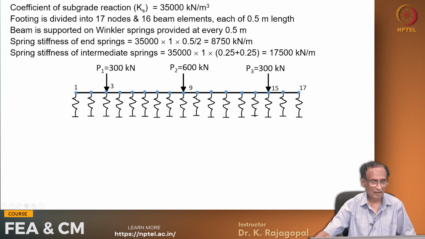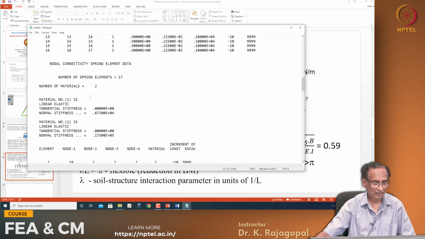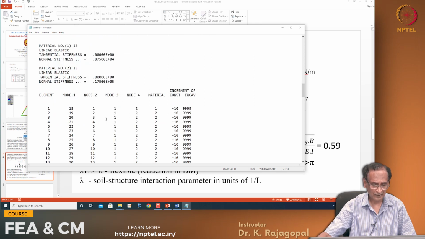So the spring stiffness for these two end ones is 35,000 times 1 times 0.5 by 2, that is 8750. Then for the intermediate springs it is 17,500, right. So we define two material properties, one with 8750 and the other with 17,500.